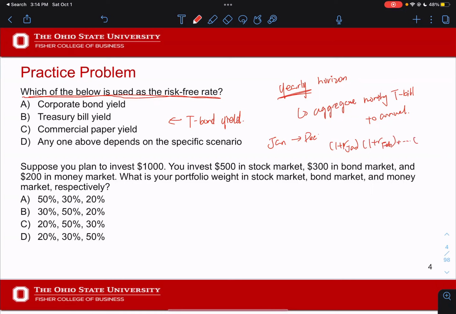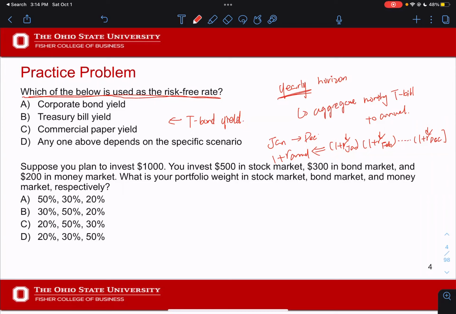Not plus, this is not plus. So times all the way to 1 plus December. This whole thing equals 1 plus annual. So each of these R, we use monthly treasury bill return.